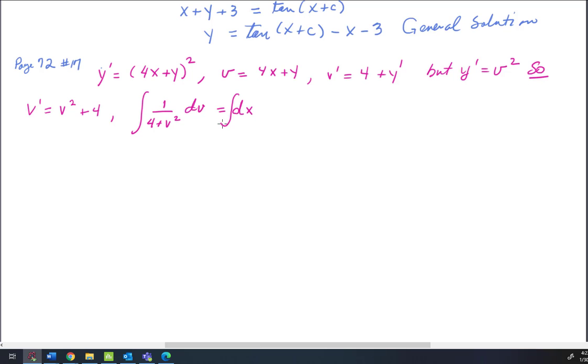So we would integrate both sides, and I don't want to make a mistake here, so I did this before we sat down, and I'm verifying things as we go by here. So this is going to be tan inverse v over 2 equals x plus c.